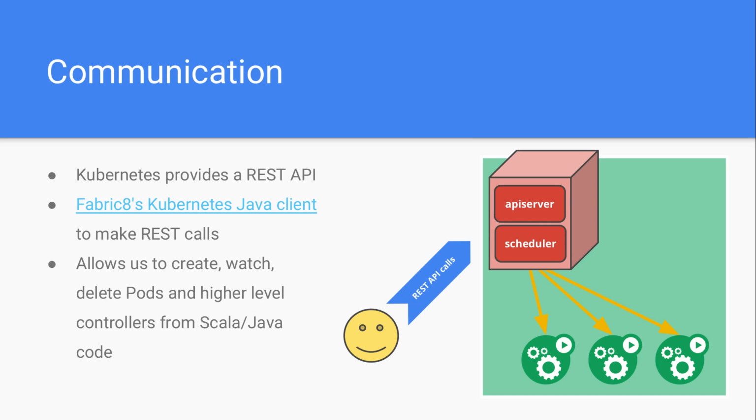But what about Kubernetes? Kubernetes provides a REST API. Also, we have a Kubernetes Java client if you want to make REST calls, and it allows us to create, watch, and delete pods and higher level controllers from Scala or Java code.